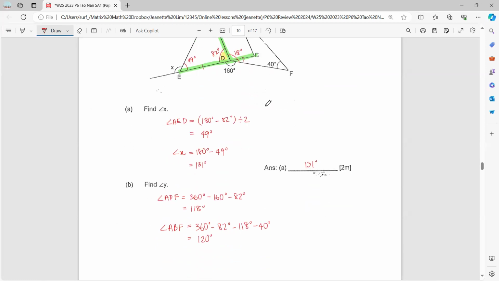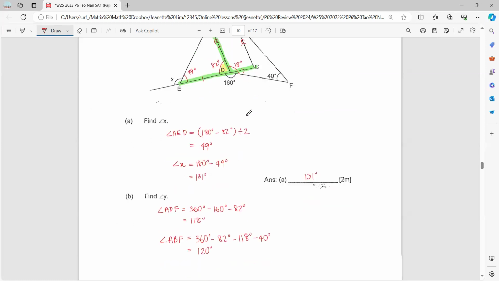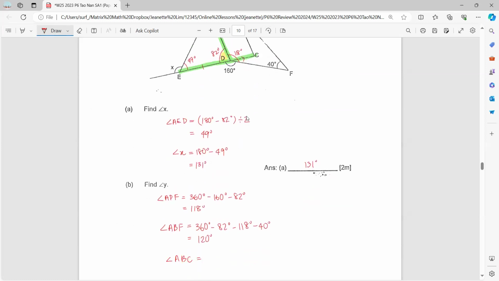So what is ABC? AD and BC are parallel. So ABC is actually 180 minus 82, which is 98 degrees.